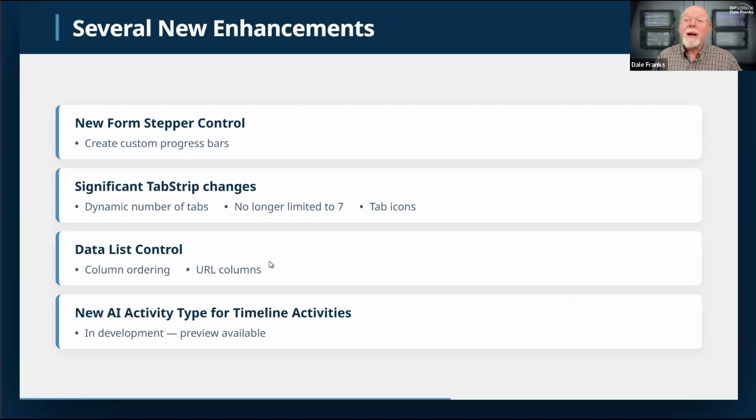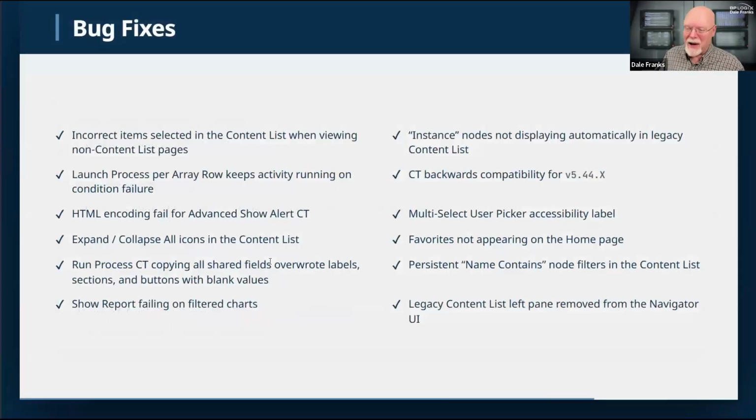So we have 4 minutes left. In that brief amount of time, we can talk about some of the bug fixes that we have also attacked. Many of these are related to custom tasks. HTML was not encoding properly for the text that you wanted to display for the advanced show alert CT.